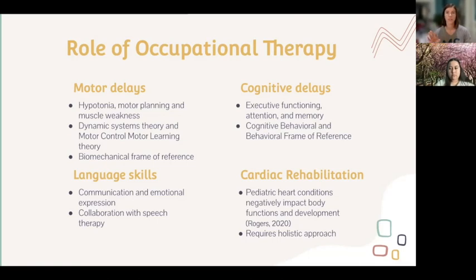The speech therapist can cover the actual speech problems, and then the OTs can come in and play a role in social participation. A super important area that OTs can help with is cardiac rehabilitation. It's been found that pediatric heart conditions can negatively impact body functions and development. So this requires a holistic approach from OTs to address how those cardiac issues are impacting their functioning and their development.